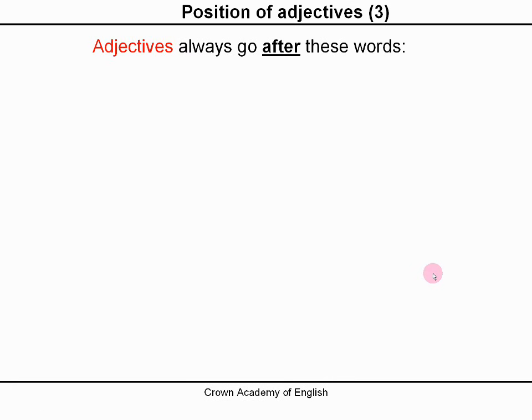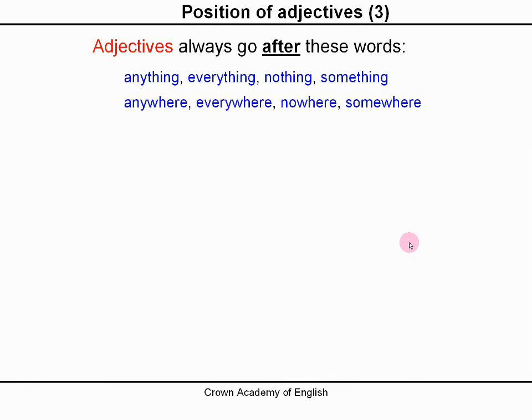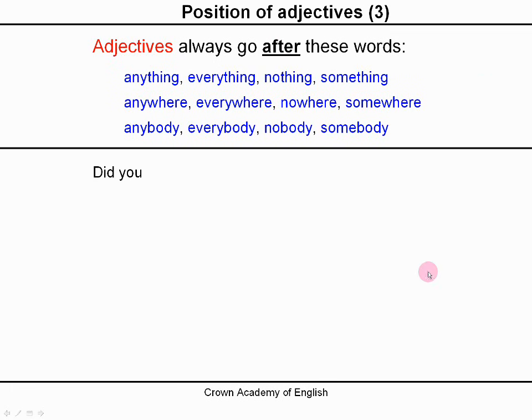And a special case, adjectives always go after these words. Okay, so I'm sure you have all seen these words, and we call them indefinite pronouns. So adjectives go after these words.